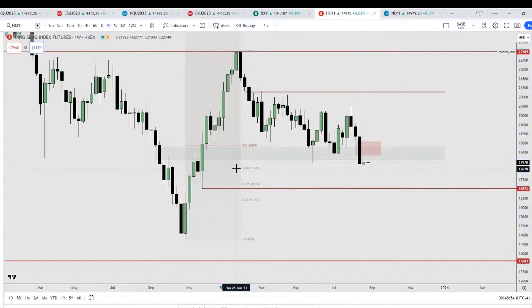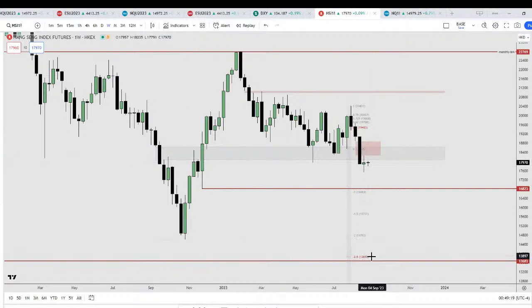If you use this swing high and this swing low as your measurement, 1 to 1.5 will be below the swing low here. So this is definitely going to be attacked if price is bearish, without any manual interventions. And 2 to 2.5 would be below the swing low here.